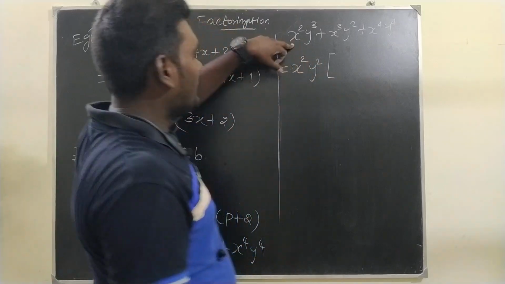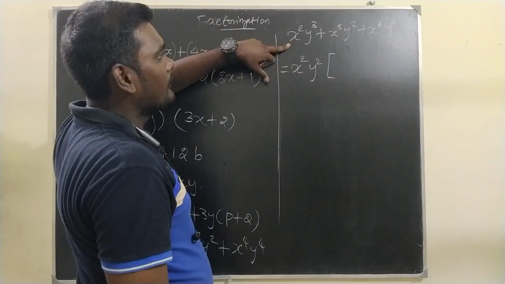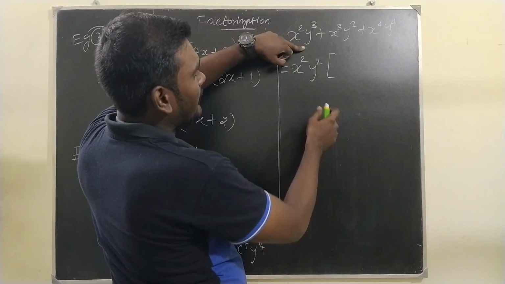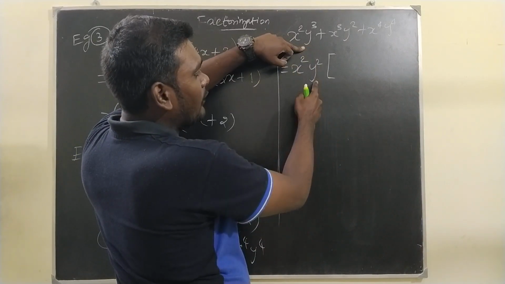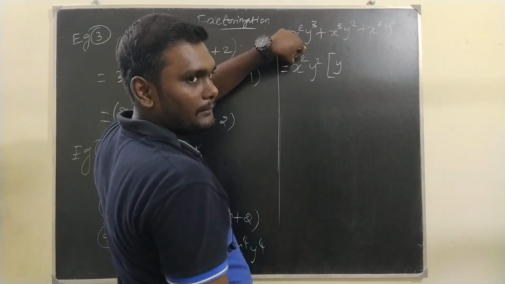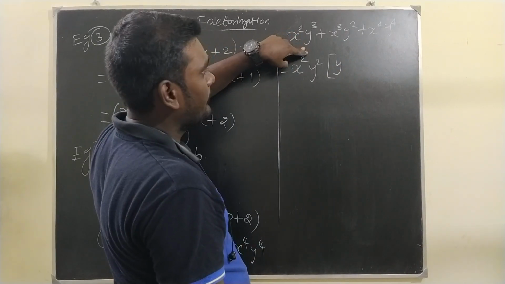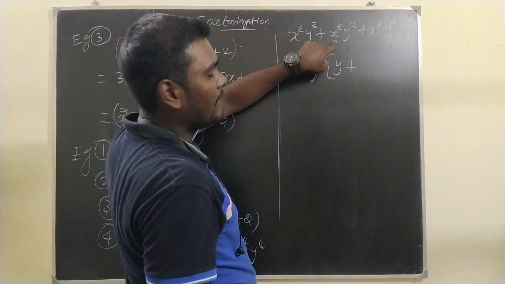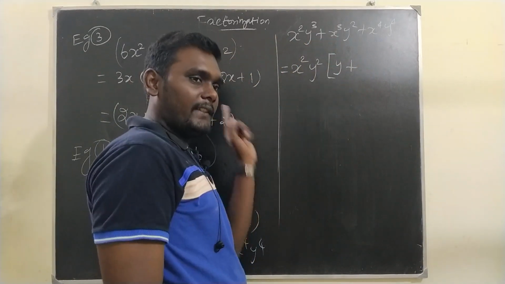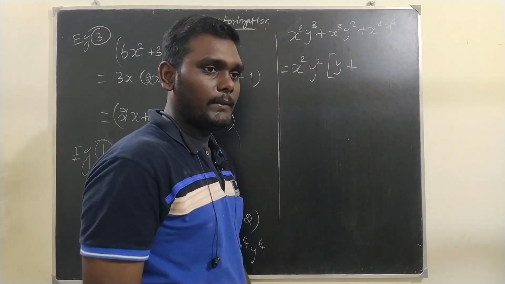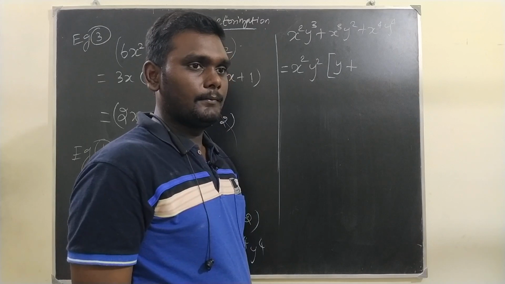Okay. So now from this we have taken x square, so remaining there will be no x. And here from y cube we have taken y square, so remaining 1y will be there. You got it? Plus from this x cube, we have taken how many x? 2.